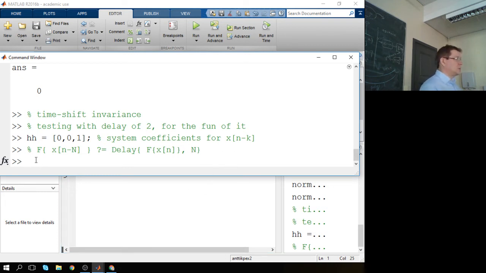Okay, so basically the delay of x, let's make it first. R2 d2. That's so much better.